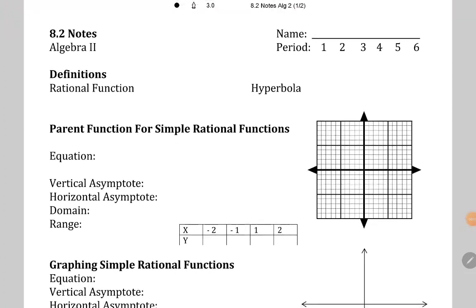In Algebra 2, we'll be graphing simple rational functions, and they're not as simple as their name says.